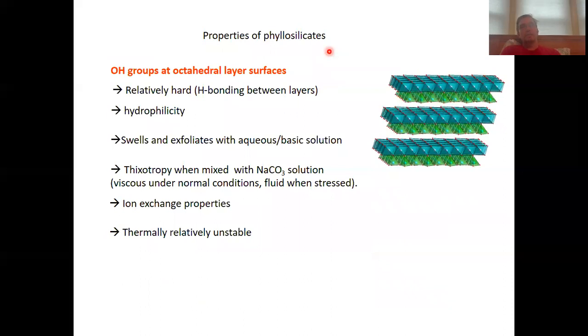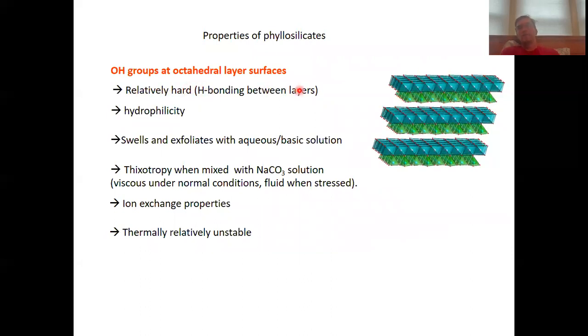All right, so now the fact that the protons coordinate to layer C leads to certain properties of this type of phyllosilicate. They are relatively hard, and that is because you have hydrogen bonding in between the layers.